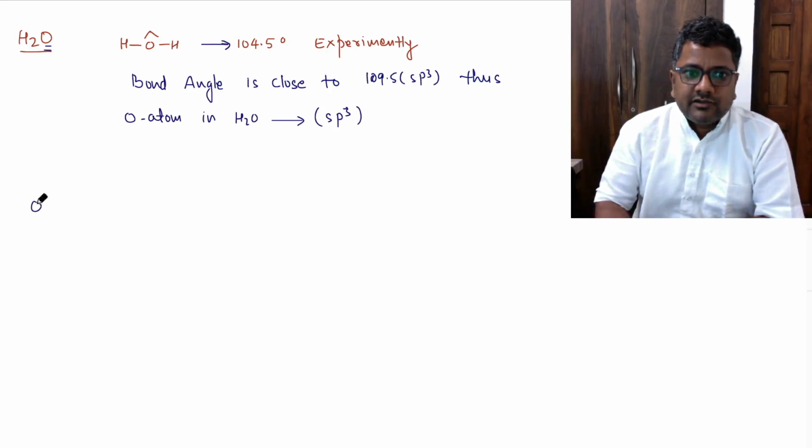Now see the oxygen: 1s2 2s2 2px2 2py1 2pz1.